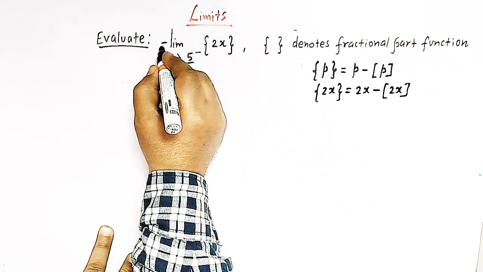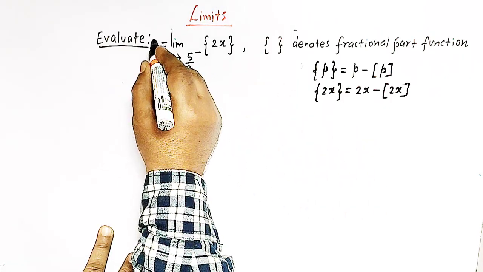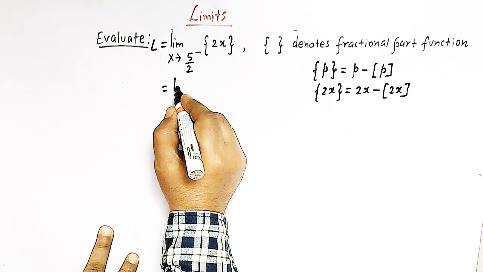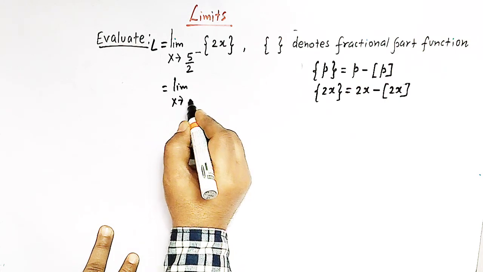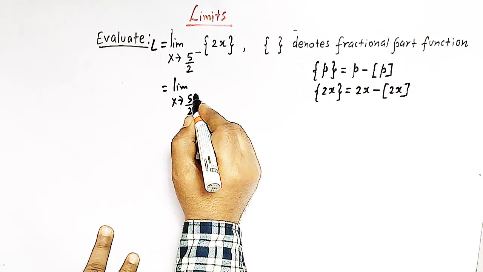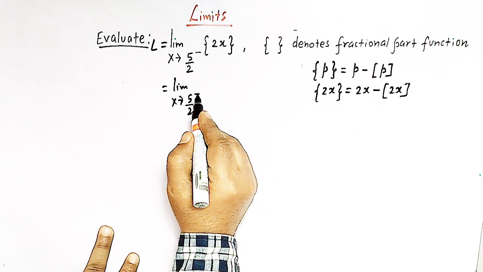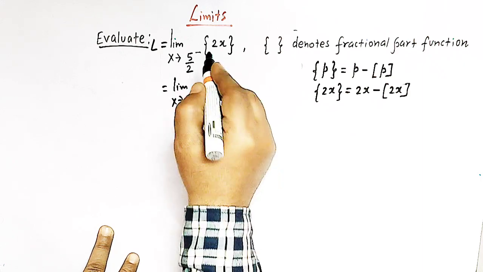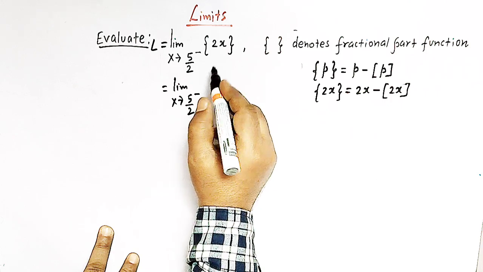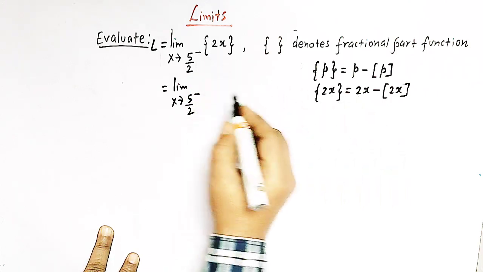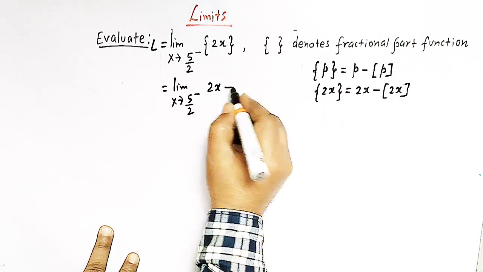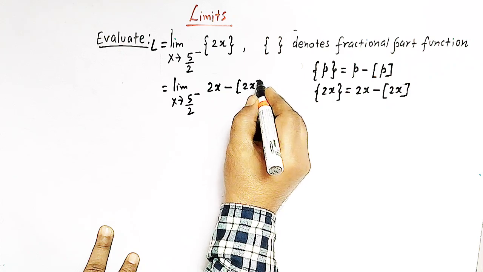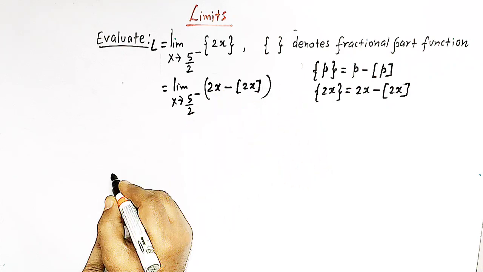Now let us call this limit L. So L is the limit as x tends to 5 by 2 negative, the left hand limit, of 2x minus the greatest integer of 2x.